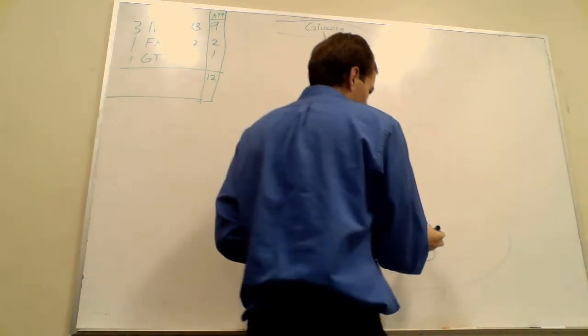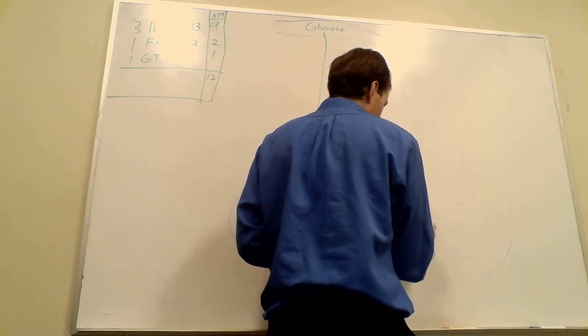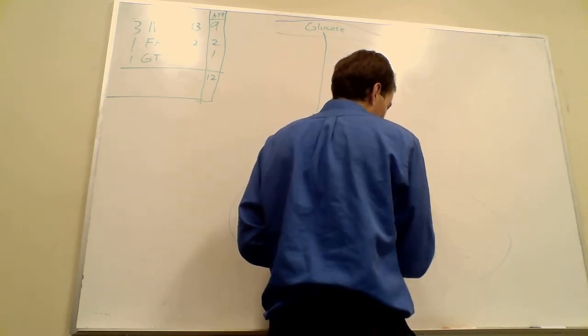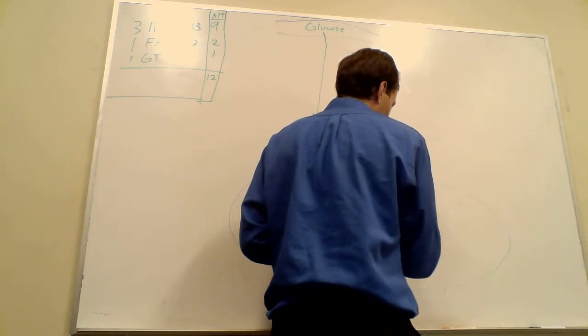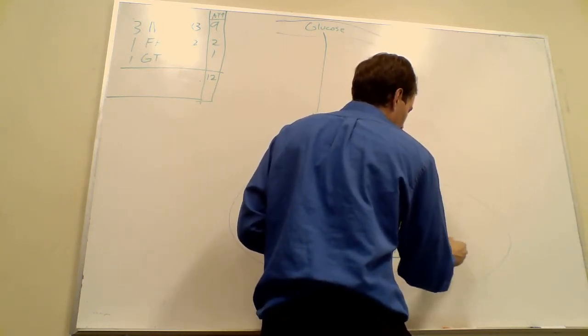These will then send electrons to complex 3, which I should not draw right there because that's where you have the carrier. To complex 3 over here.